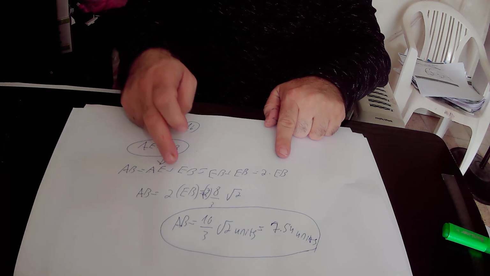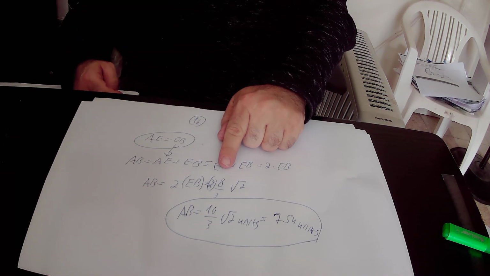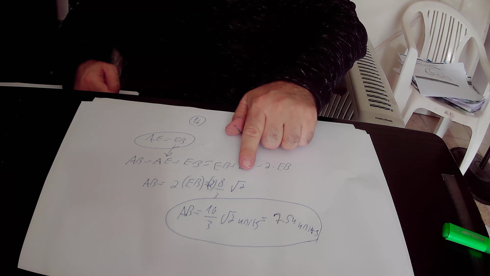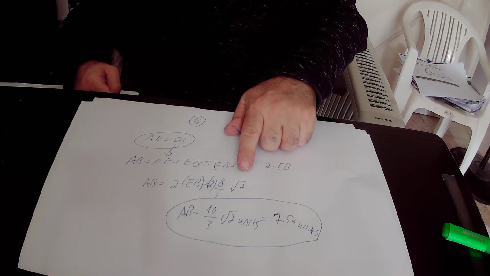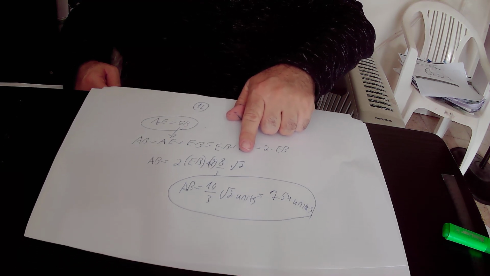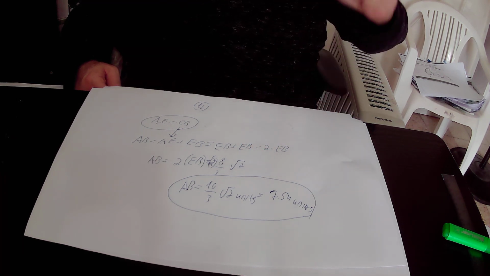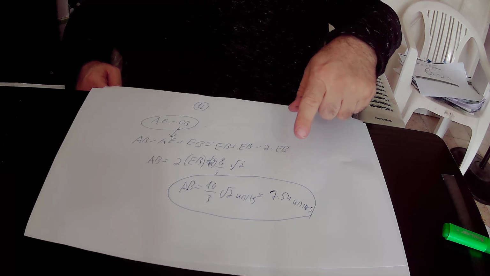We've already found out that the value of EB is 8 over 3 times square root of 2 units, and 2 times EB equals 2 times 8 over 3 times square root of 2 units, that is to say AB equals 16 over 3 times square root of 2 units.